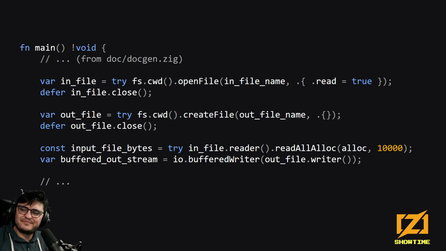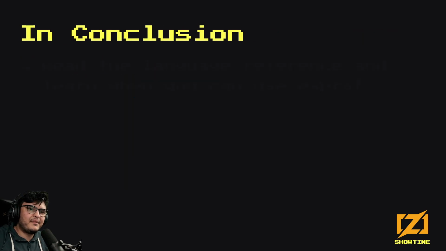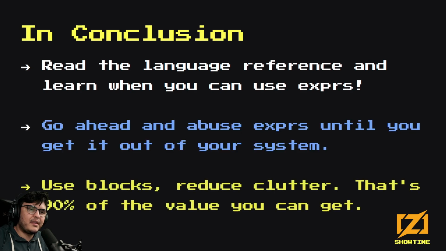In any case, let's go back to the end. That's it. I really think that the big takeaway for people that want to be good Zig programmers is really to understand what you are trying to achieve.